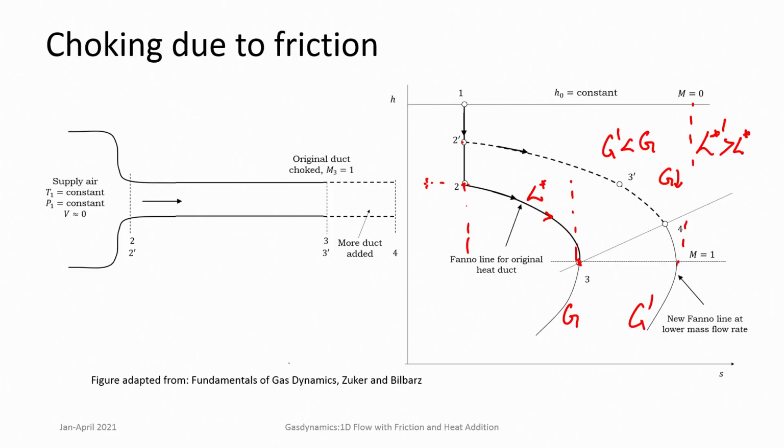Either you have to change the pressure, increase the pressure, thereby move along the same Fanno curve, so that you get additional length of the duct, or the other case is move to a different Fanno line, but you would see that mass flow rate decreases in the other Fanno line, which is G prime decreases. So, this is frictional choking.